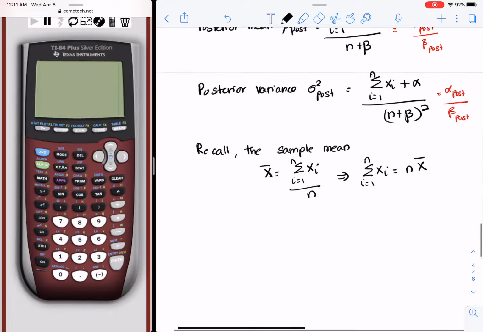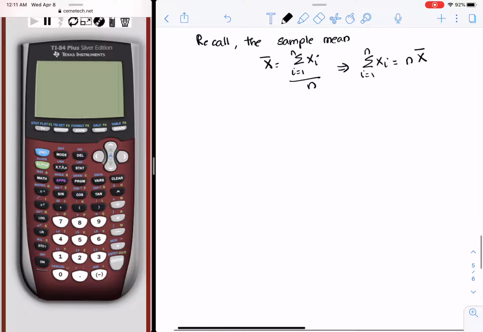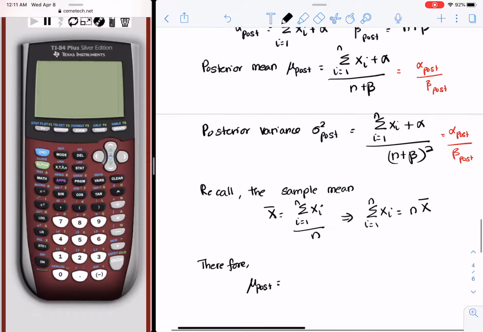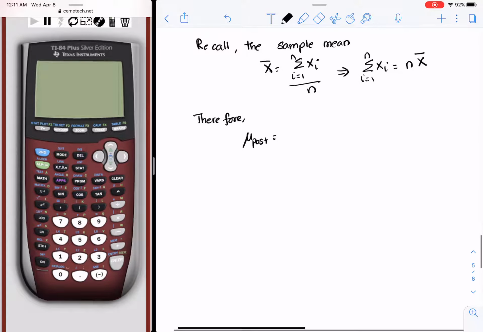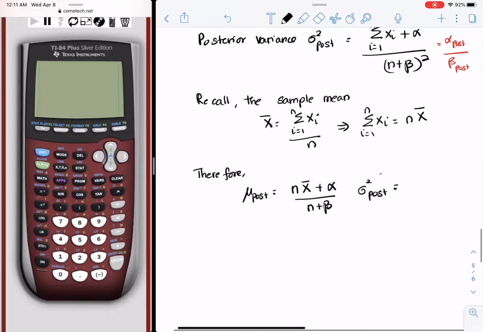So I could rewrite mu post, the posterior mean, as n x bar plus alpha over n plus beta, and the posterior variance as n x bar plus alpha over n plus beta squared.